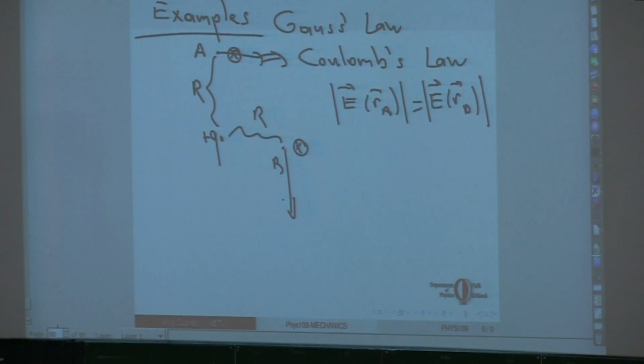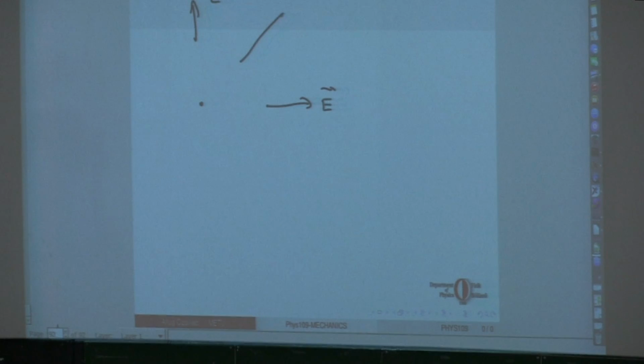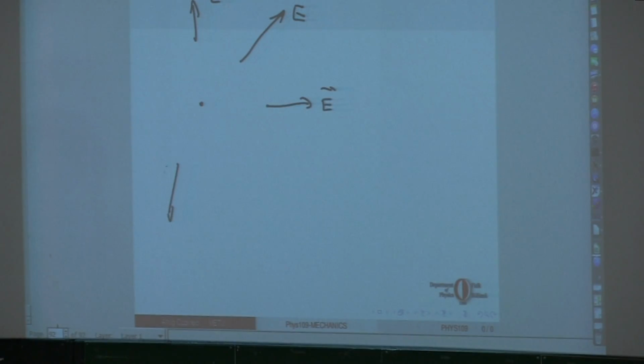So the only way to draw electric field lines that start from the positive charge and that have this rotational symmetry everywhere is to have them pointing radially outward. This is the electric field over there, etc. I am on the sphere.